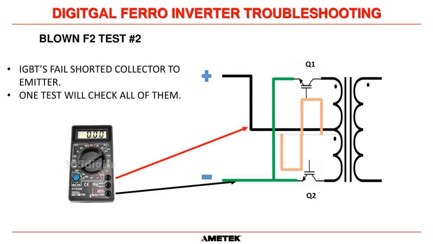And so if we blow an inverter fuse in the ferroresonant system, we're going to come and check these transistors. And I look from the center tap with the plus lead to the negative lead right there. Now there's a fuse not shown here. This is on the load side of the fuse on the positive lead right there. But we look right across here, and effectively we're checking both transistors at the same time.